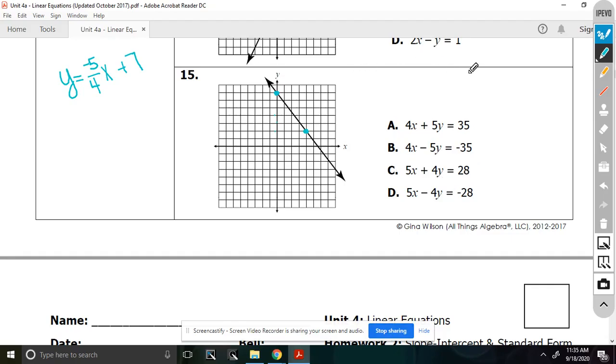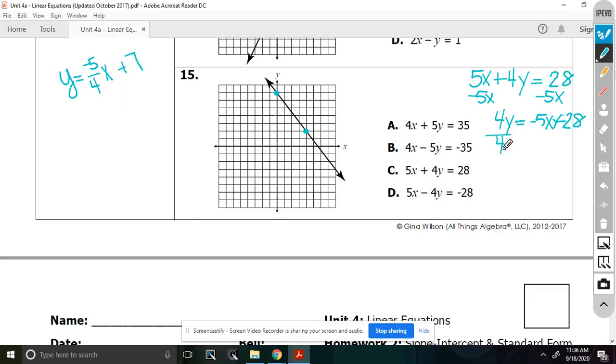I could be wrong. But for C, I have 5x plus 4y equals positive 28. So I'm going to subtract 5x from both sides. I'm going to do 4y is equal to negative 5x plus 28.